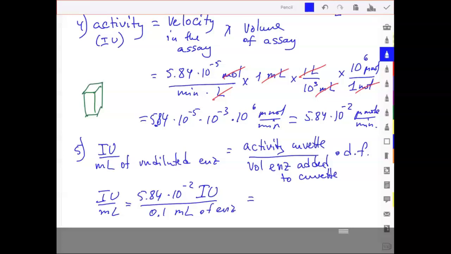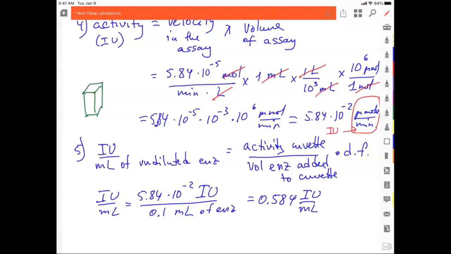And we will end up with 0.584 IU per ml of undiluted stock. Okay, so let me just back up, make sure micromole of products produced per minute, 1 micromole per minute is 1 IU. So these are our units of activity, IUs.